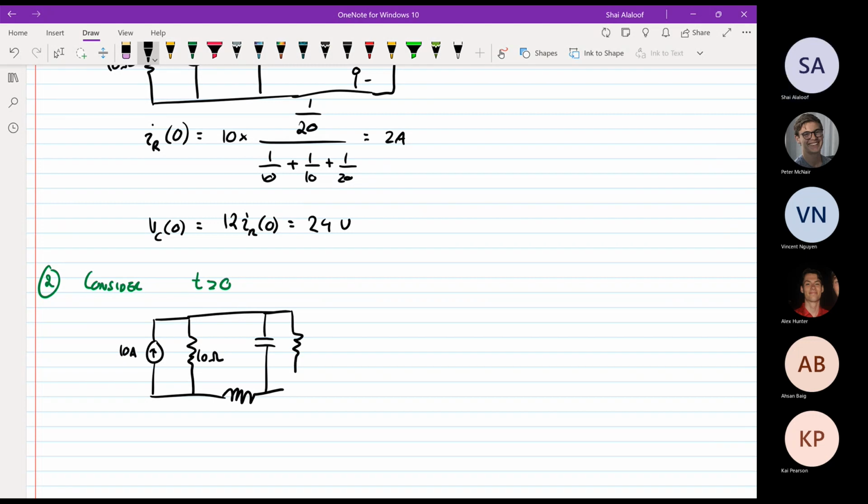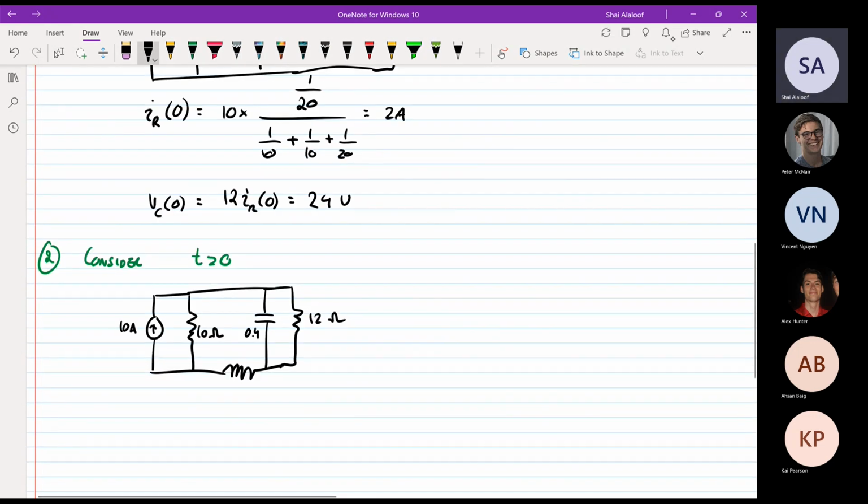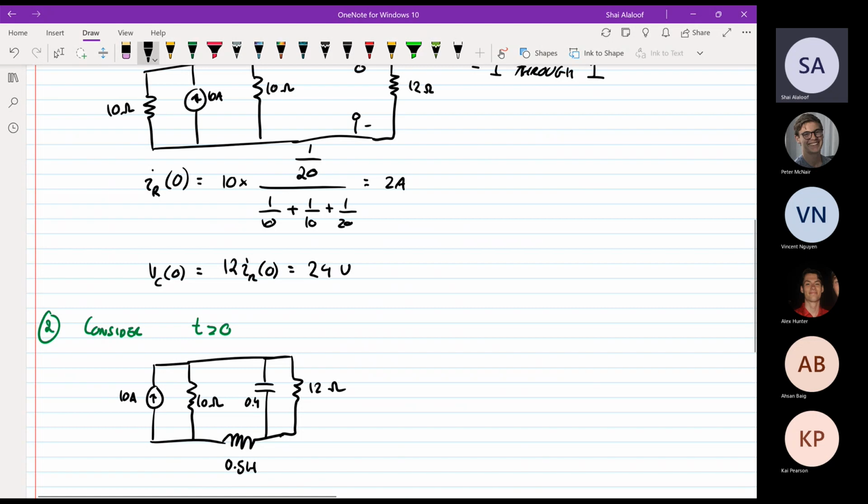Okay, not the best diagram. I've drawn better. The capacitor is 0.4 farads and the inductor is 0.5 henries. I've also missed an 8 ohm resistor.